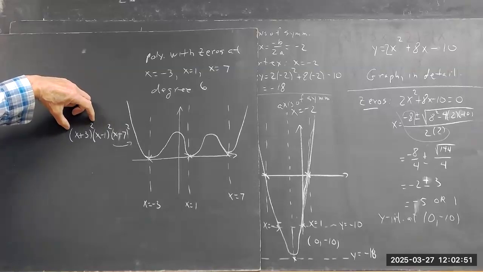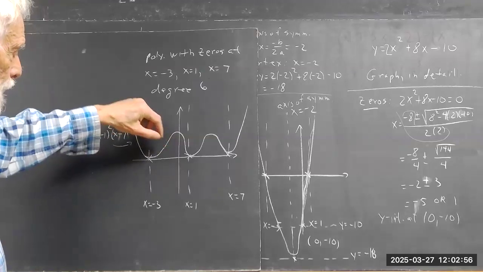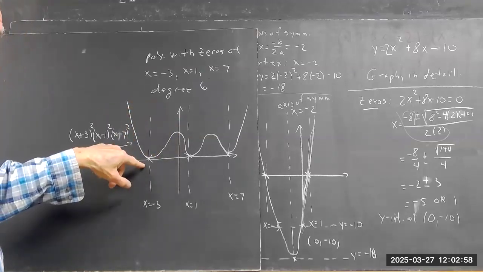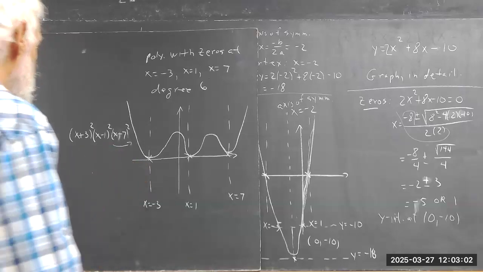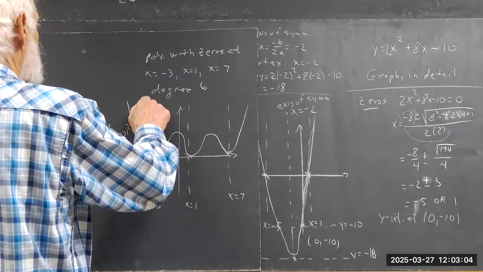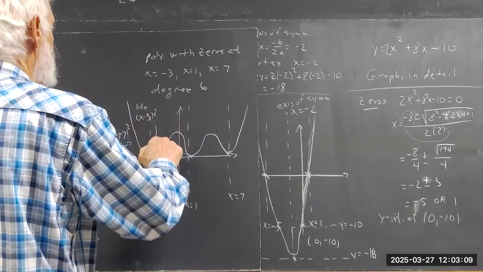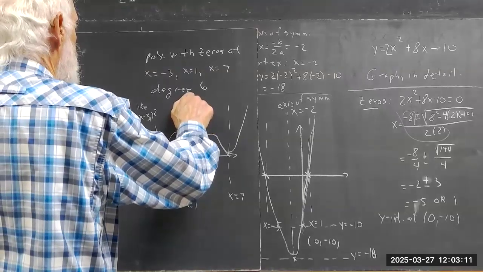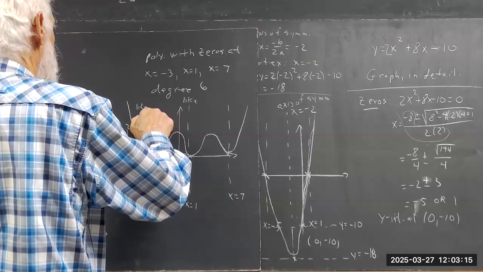Because if you just look at x plus 3 squared, you're shifting the y equals x squared graph 3 units to the left. And there it is. Okay. So this is like x plus 3 squared.